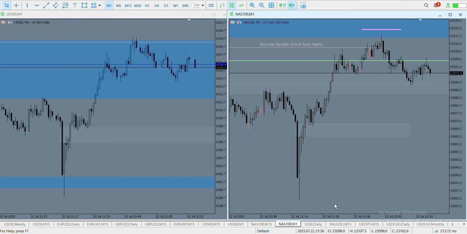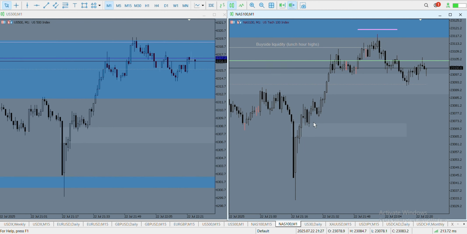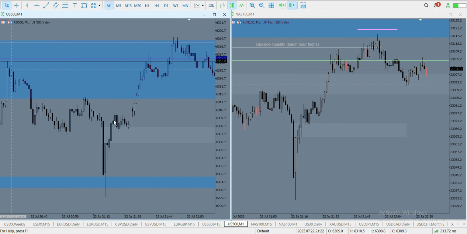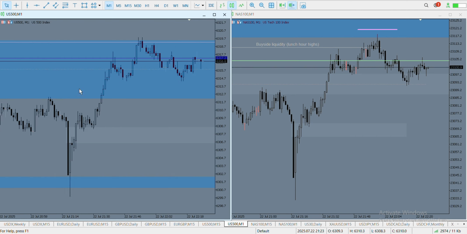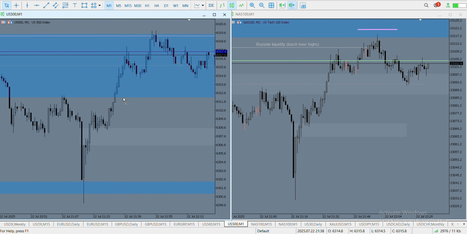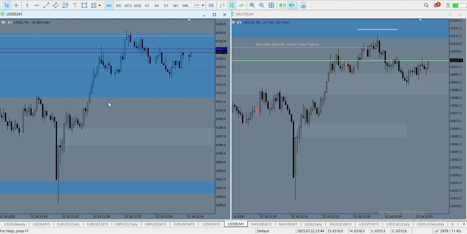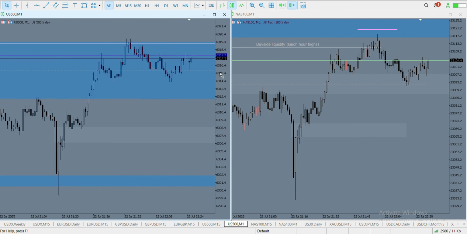So we're back into this balance bias and efficiency that was formed close to the first presented Fair Value Gap for this afternoon session. So for US 500, we're not close to that similar inefficiency here. We are on the upper portion of this 15-minute efficiency.